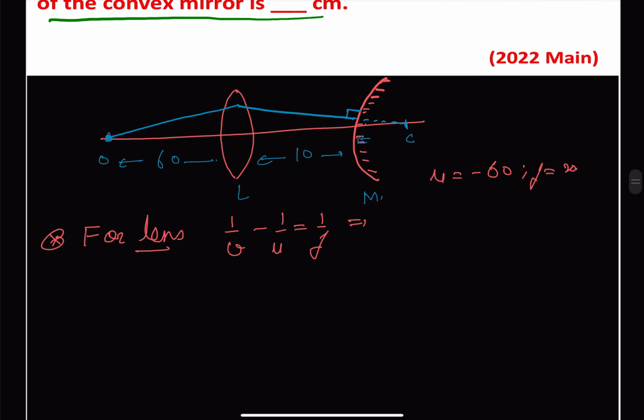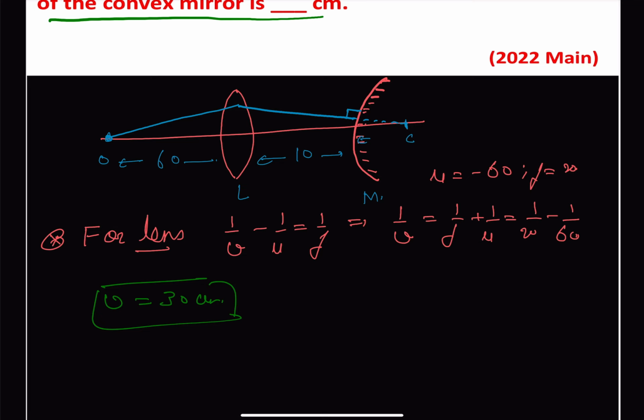Therefore, we can write that 1 upon v will be equal to 1 upon f plus 1 upon u, and we have this as 1 upon 20 minus 1 upon 60. So we get our v will be equal to 30 centimeters.